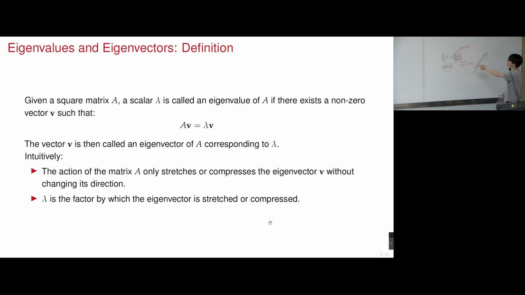So what this is telling us is that the matrix does not change the direction of the vector. It just merely stretches it by multiplying by lambda. The direction of the vector does not change, but the magnitude changes. So it basically stretches the vector. That's the intuition. And lambda is the factor, which we call the eigenvalue, that allows the eigenvector to be stretched or compressed. All right. So that's the definition here.